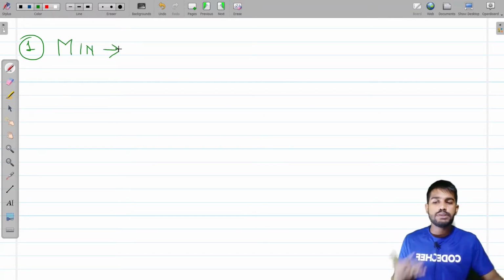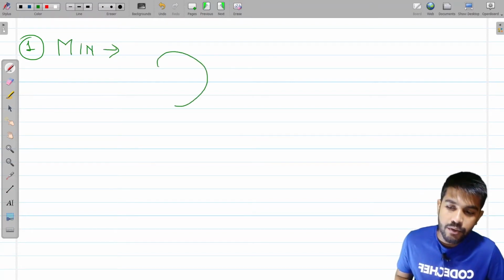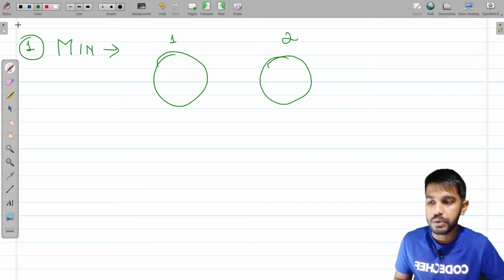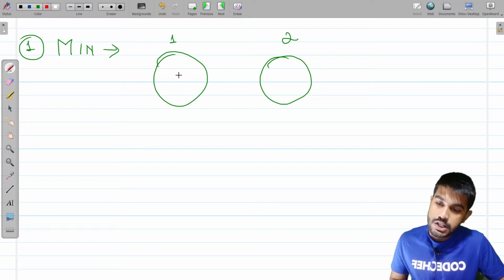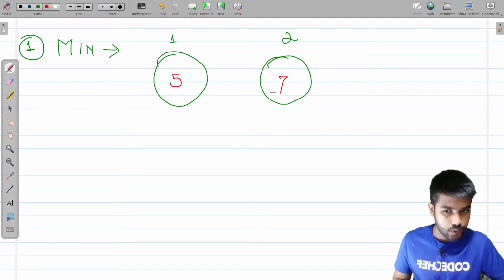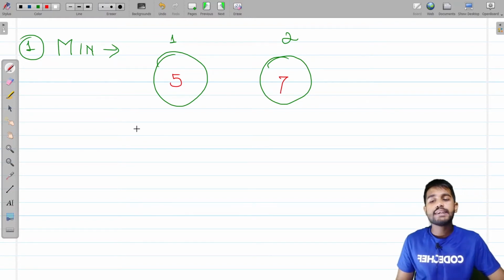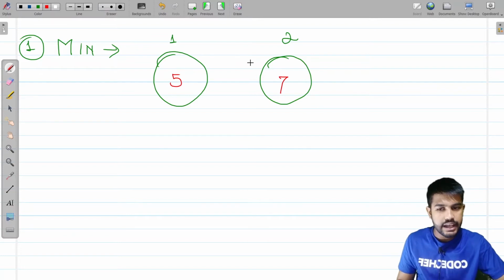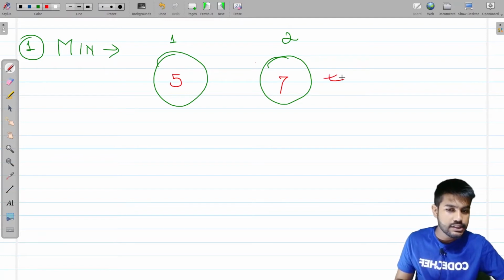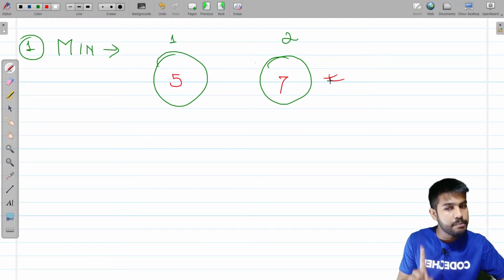So suppose there are two guards, guard 1 and guard 2, and guard 1 saw 5 times and guard 2 saw 7 times. We can consider that the guard 2 count is greater, so this is more accurate. Now, one of them will remain awake.